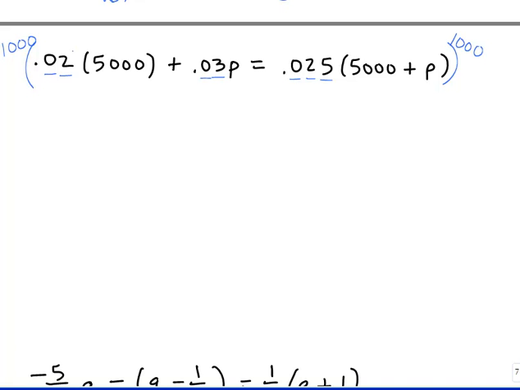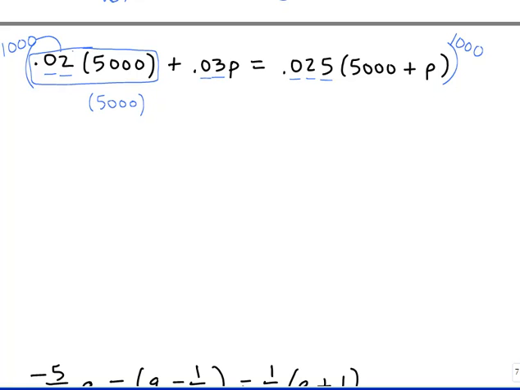Okay, so now when we do that multiplication by 1,000, this can sometimes be a little bit confusing to students. We're going to take 1,000 times this entire term. This is a term because it's to the left side of that plus sign. Now when I do it times that entire term, we're actually only going to be multiplying it by the coefficient out front. The 5,000 that's still in those parentheses is going to remain unchanged.